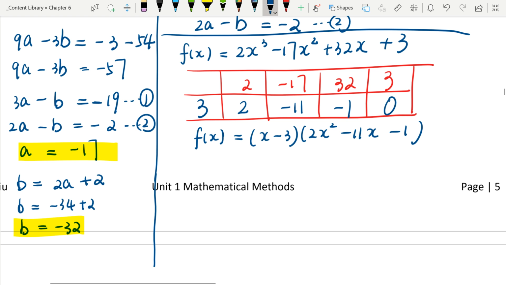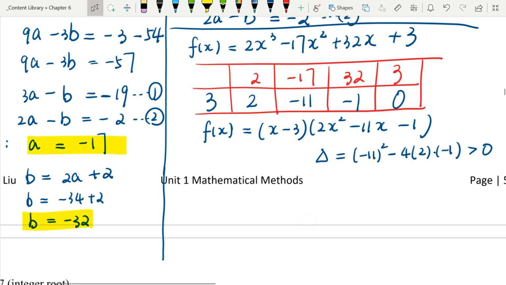Yes or no? Not easily, but can I factorize it? Yes, the discriminant is bigger than 0. It's minus 11 squared minus 4 times 2 times minus 1, and it's all plusing, so it's definitely greater than 0. I can factorize it.